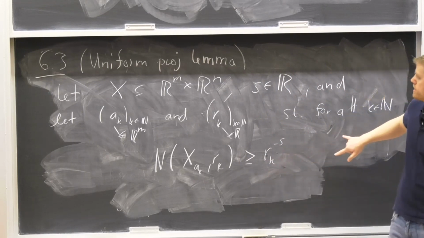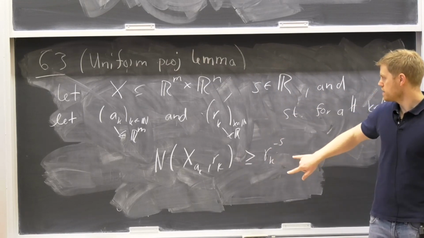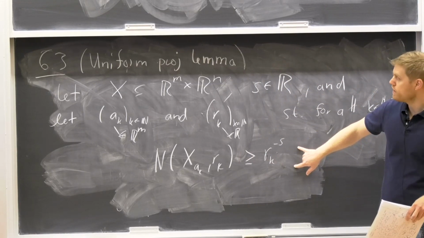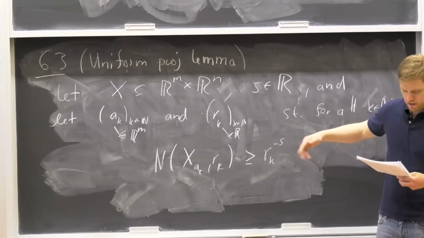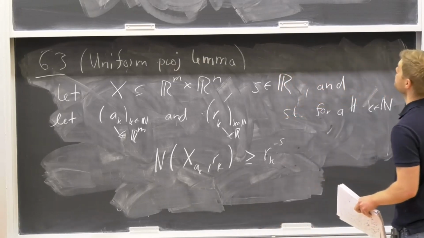So if you know that for this kind of sequence of A's and r's, this stays large, then you can find a projection such that the projection also stays large.